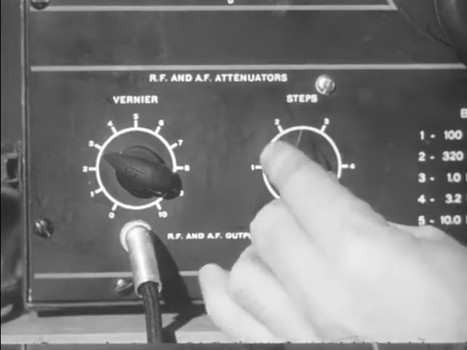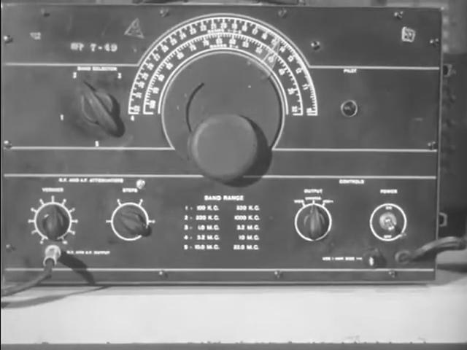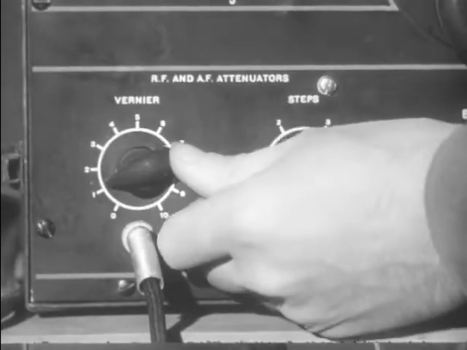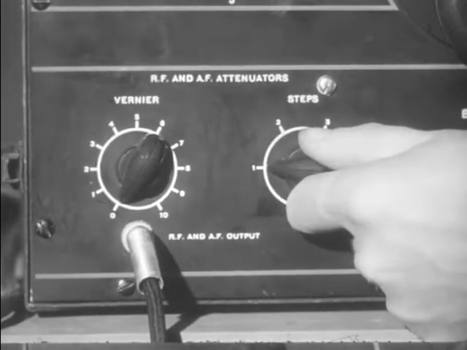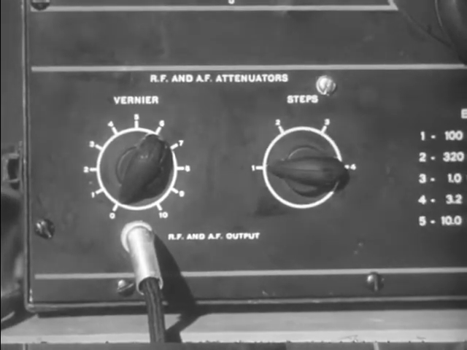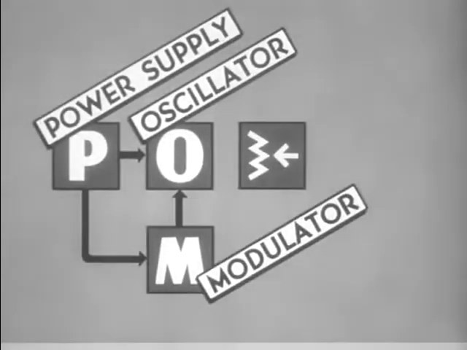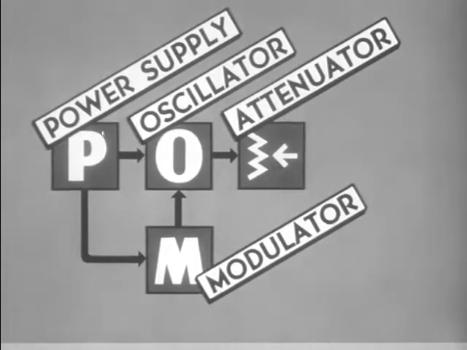One is for fine control, the other for broad control. In preparing the signal generator for operation, the attenuators should always be turned to the position of minimum output, since a low rather than high output is desirable in most testing operations. And so the attenuator is added to the circuit system.